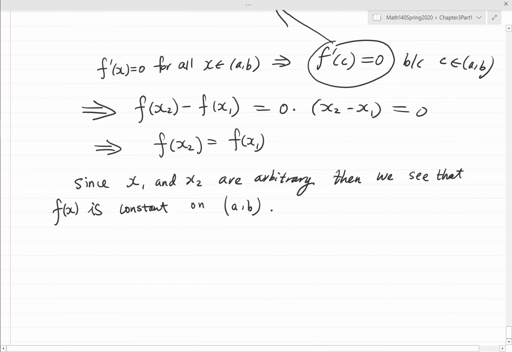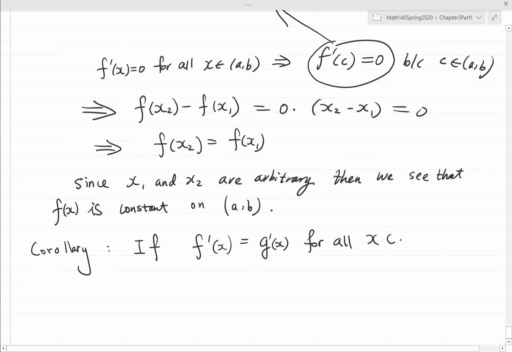Okay, another corollary: if two functions have the same derivative. Corollary: if f'(x) equals g'(x) for all x in a to b, then they differ by a constant.